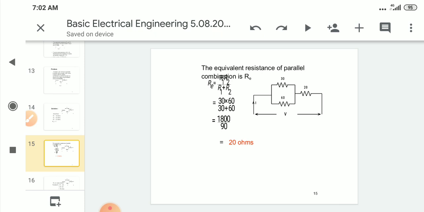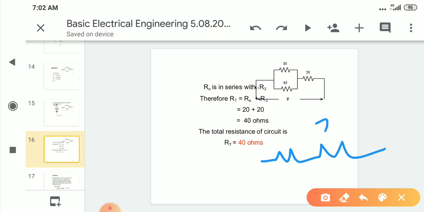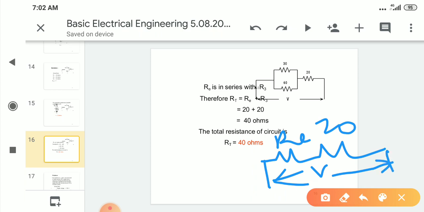Here 30 into 60 by 30 plus 60. So R equivalent is 30 into 60 by 30 plus 60. We will get 20 ohms.